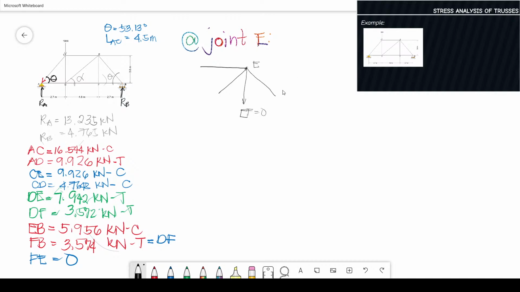So, EB is equal, EB is compression. Sorry. EB is equal to this compression, which is equal to, yun.